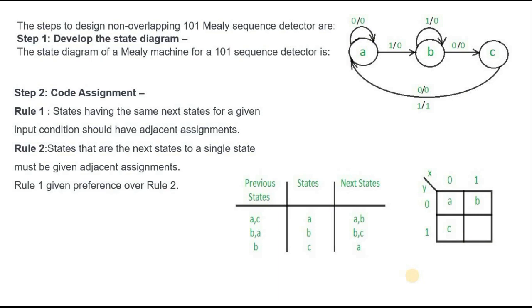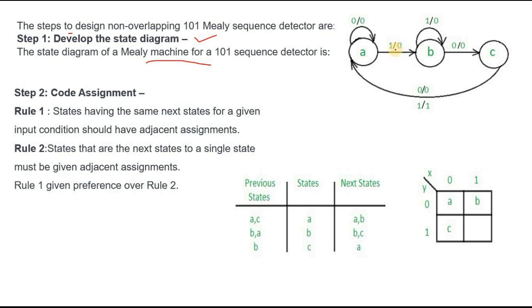So to develop such a system, what we have to do is follow the steps to design a non-overlapping 101 Mealy sequence detector. Develop the state diagram. So the state diagram for the Mealy machine for the 101 sequence detector is, see, what would be the output? For the 101 sequence detector, you need to get the output 1.